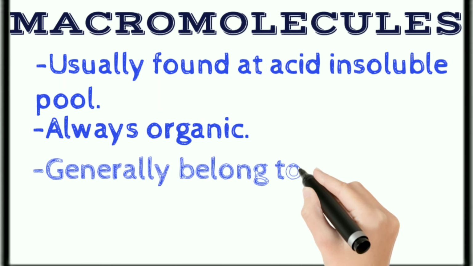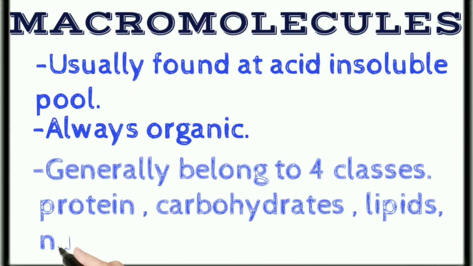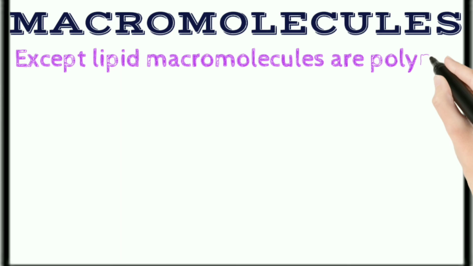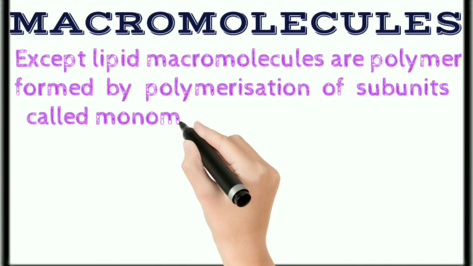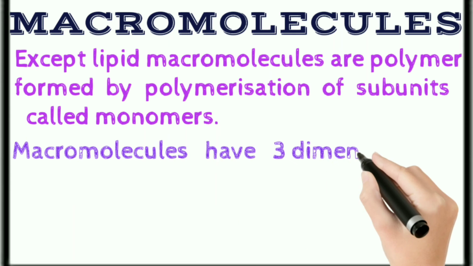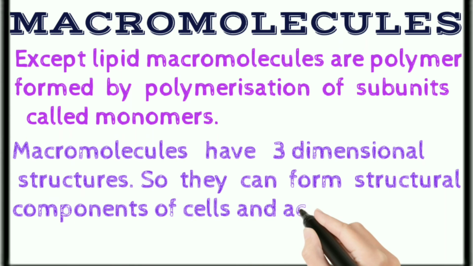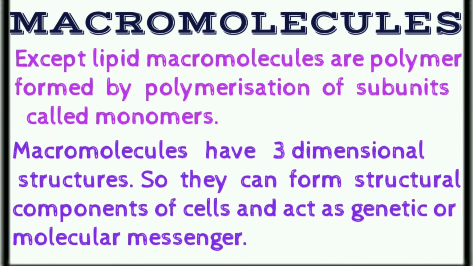Generally belong to 4 classes: protein, carbohydrates, lipids, nucleic acid. Except lipid, macromolecules are polymers, formed by polymerization of subunits called monomers. Macromolecules have 3-dimensional structures, so they can form structural components of cells, and act as genetic or molecular messengers.